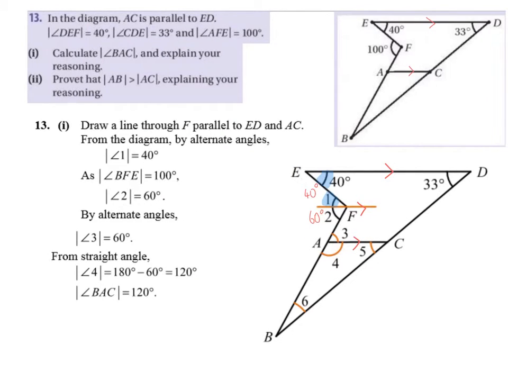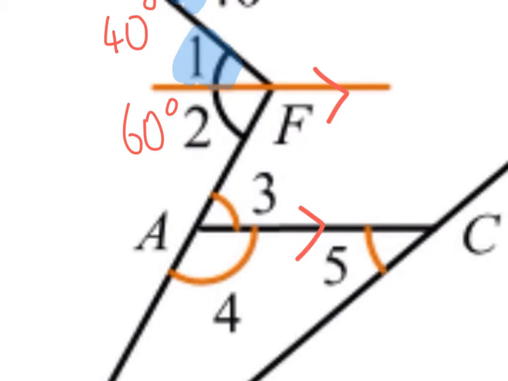By alternate angles, angle 3 is also 60 degrees. Angle 3 is alternate to angle 2, and angle 2 is 60 degrees, so angle 3 is also 60 degrees. Remember, we have a parallel line and another parallel line, and a transversal cutting through them. Alternate angles are equal.